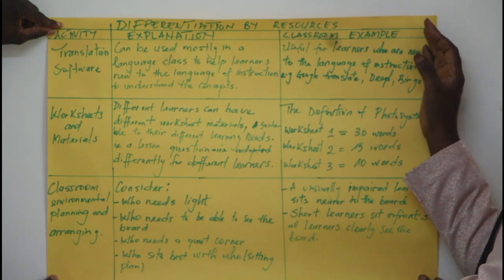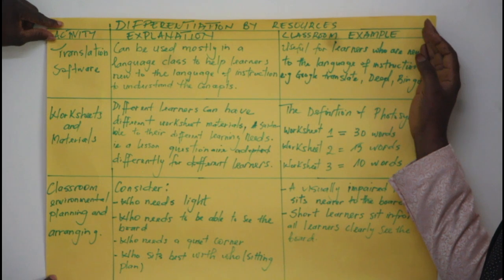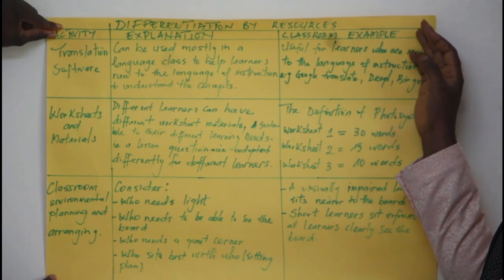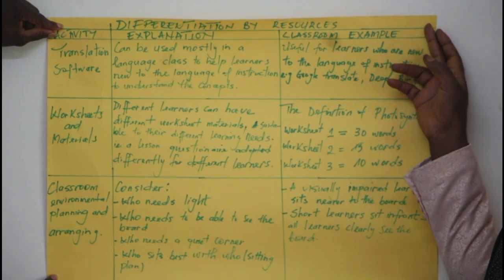Now, the first activity is a translation software. We want to imagine a purely language class. You may find yourself in a classroom where language is a problem for a particular learner. I take, for example, a student who is German.